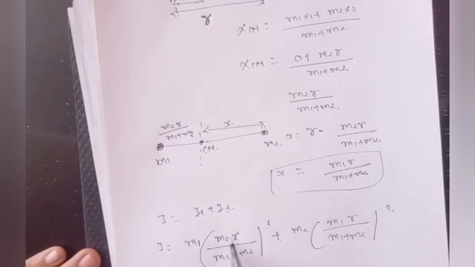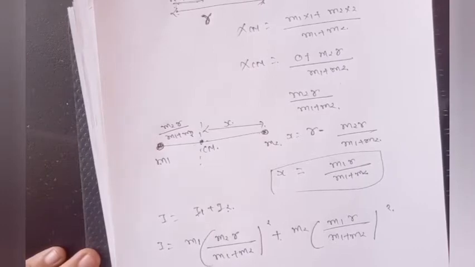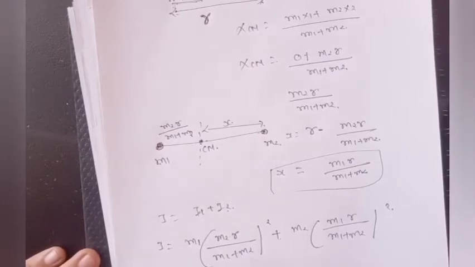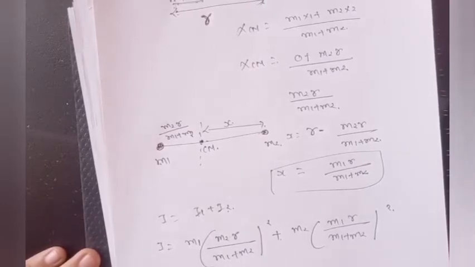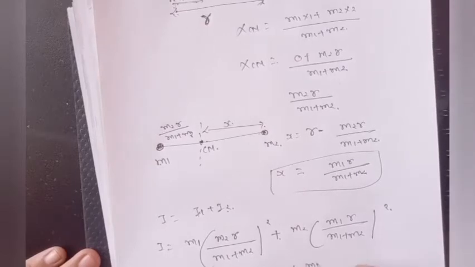Taking m1, m2 and r square common, in the bracket the denominator (m1 plus m2) whole square is also common. Here m2 plus here m1.